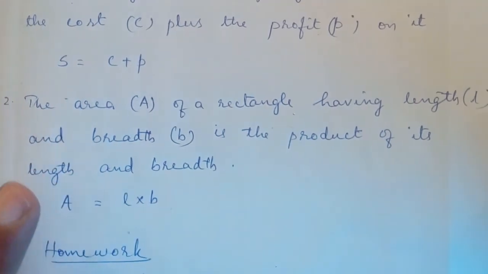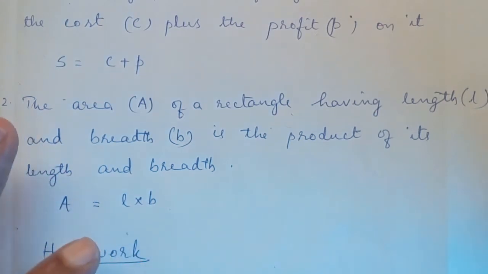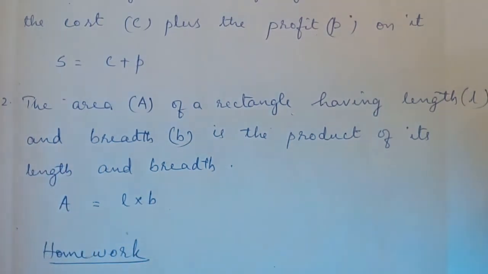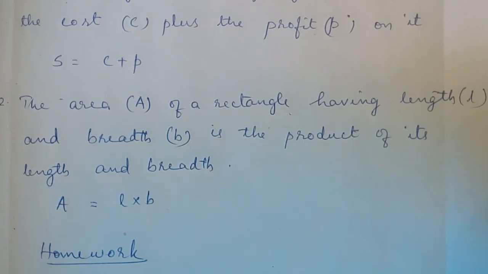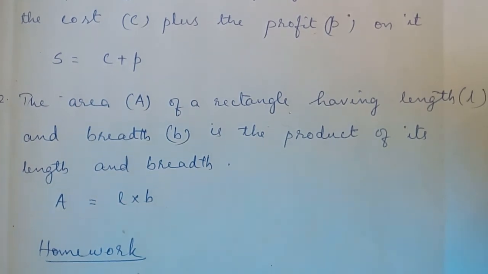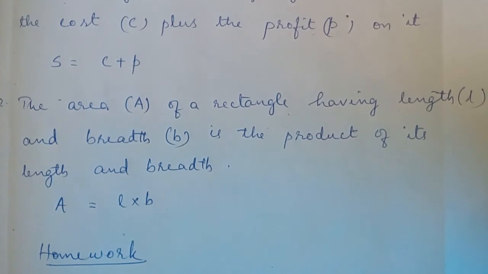Okay, so we have studied three things in today's class. First one, the degree of a polynomial, which means we have to find the term having the highest power. That is the degree of the polynomial. If only one variable is used, we can find which term has the highest power.